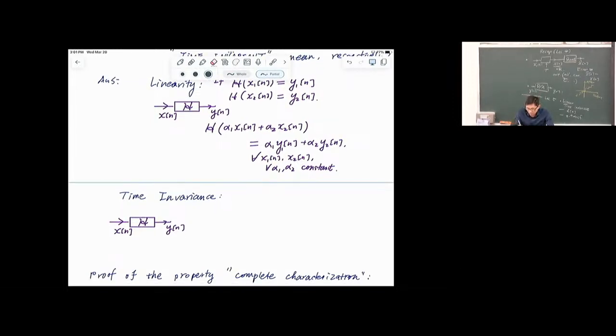Time invariance means that if we delay our signal by m samples, where n is the time index, the dummy index, m, the second one, this is a delay, or advance, depending on the sign of m, a fixed delay. So if we send our signal m samples later to our system, we expect the output to be also delayed by m samples.